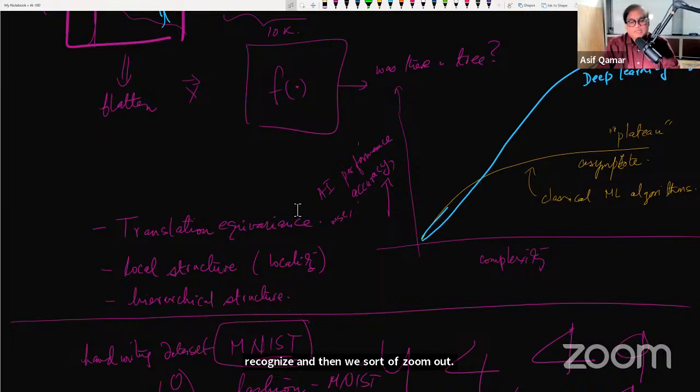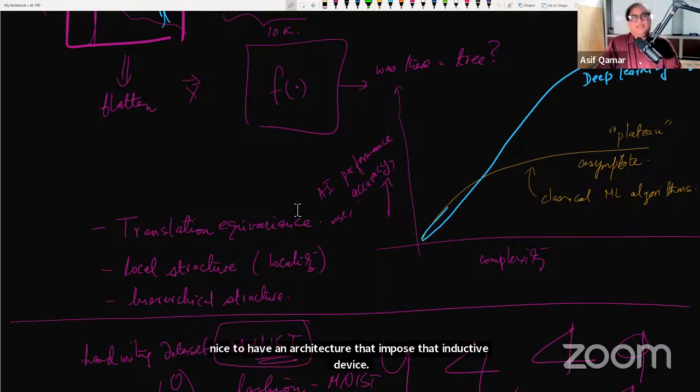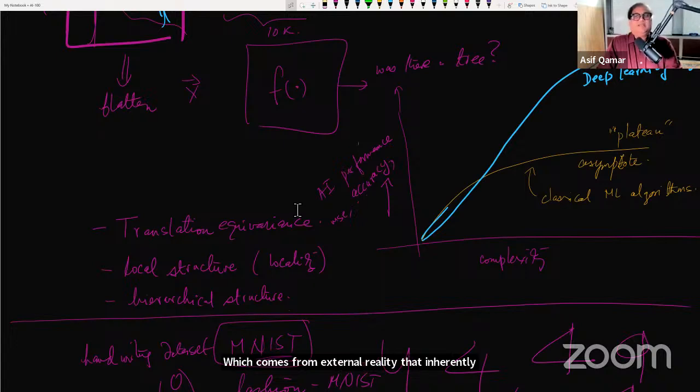So it would be nice to have an architecture that imposed that inductive bias, which comes from external reality, and that inherently has two capacities. First, it is local. For example, if you look at this eyebrow, a tiny patch of it, its information is also contextualized. Now, this tiny patch could easily have been my mustache. But the fact that it is an eyebrow, its meaning comes also from the neighboring parts of the eyebrow, isn't it?